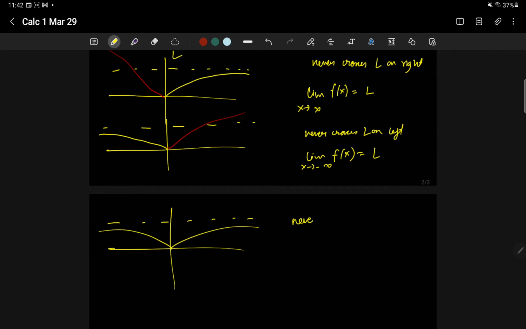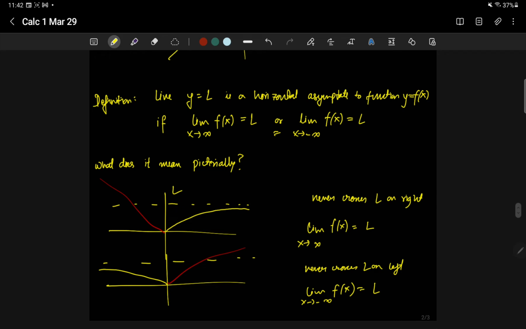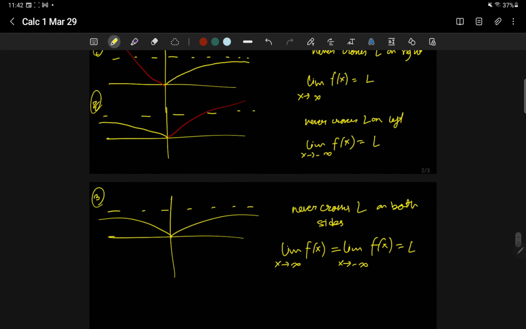So it never crosses L on both sides. So in this case, both the limit at infinity and the limit at negative infinity are some finite number L. For the definition, it's not an and, it's an or condition, meaning that as long as one of those is satisfied, it is still a horizontal asymptote, which means you could have a picture that looks like 1, like 2, or like 3.